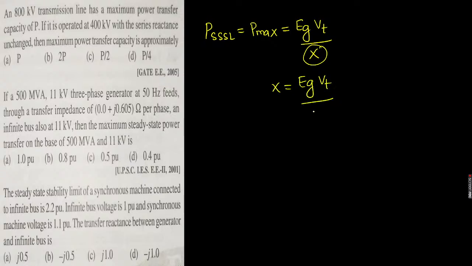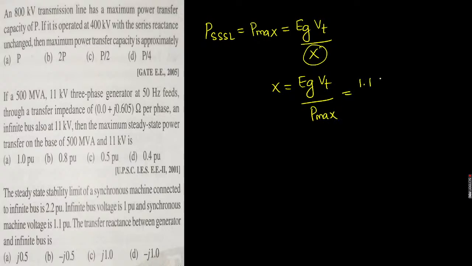Just now we saw the steady state stability limit formula. That should be equal to the maximum power transfer capacity of the transmission line. It will be equal to generator voltage into terminal voltage divided by reactance offered by the line. From this, reactance X can be written as generator voltage into terminal voltage divided by maximum power.